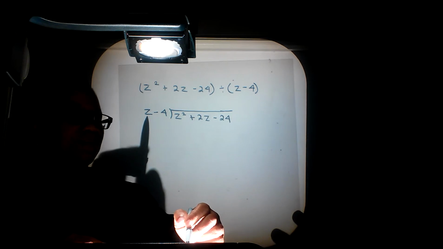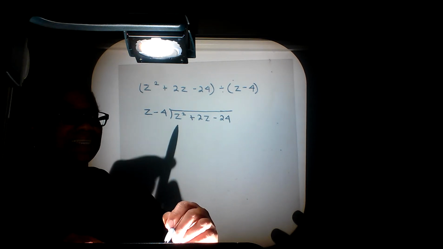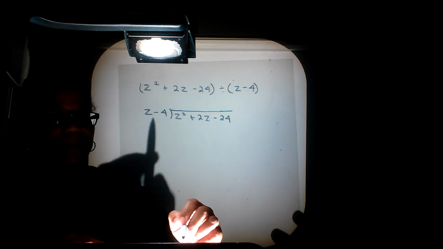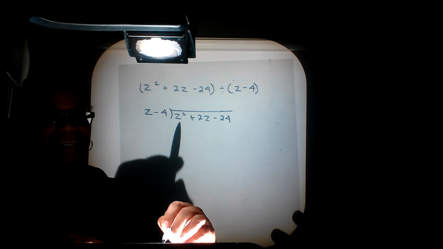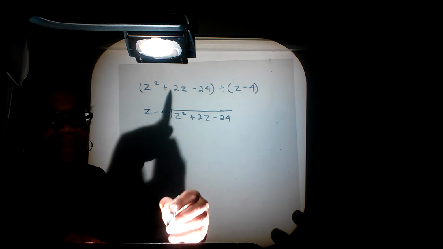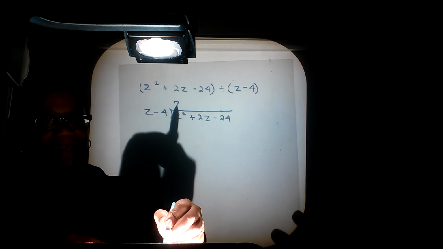We're looking at this first term right here, which is our z. We're going to put z into z squared. What times what using this z will give us z squared? Z. That's how I got that z at the top.